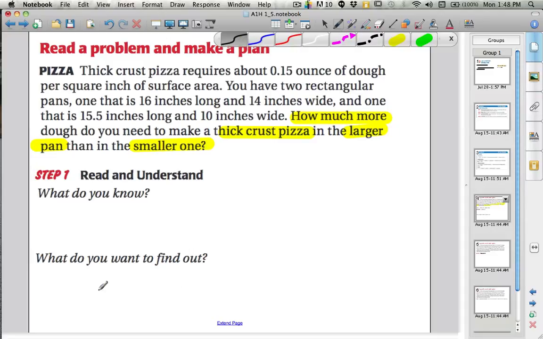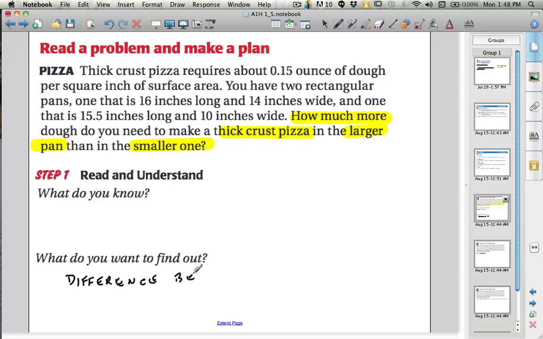I want to find out the difference. When they say how much more, that's found by finding the difference between the dough in the large pan versus the small pan.